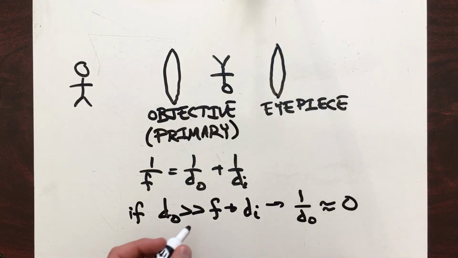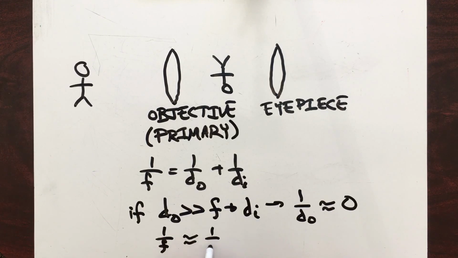And as a result, since this is 0, what does that mean? That means that in our formula, we're going to have just 1 over f approximately equal to 1 over di, 1 over the image distance. And that means the focal length is approximately equal to the image distance.